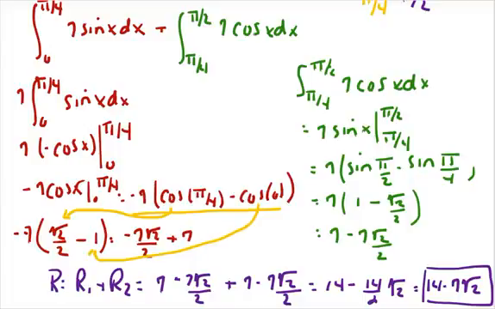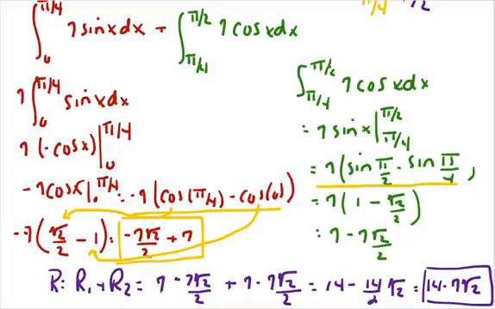So the area of that particular region is 7 minus 7 times the square root of 2 over 2.